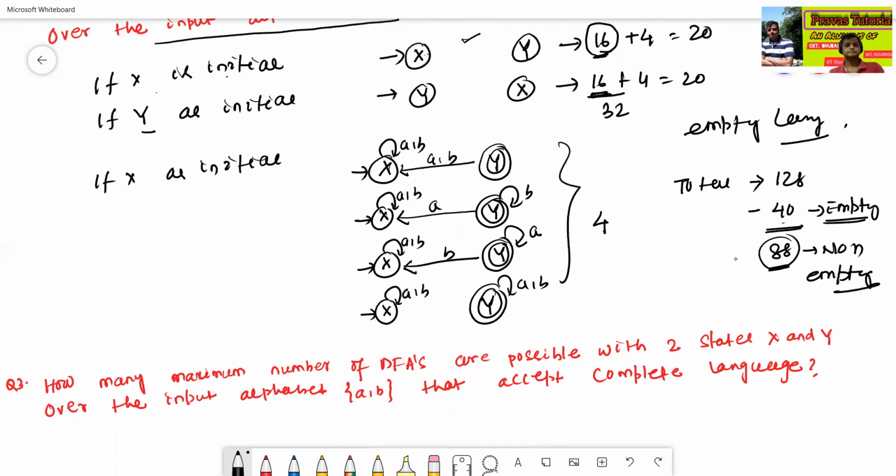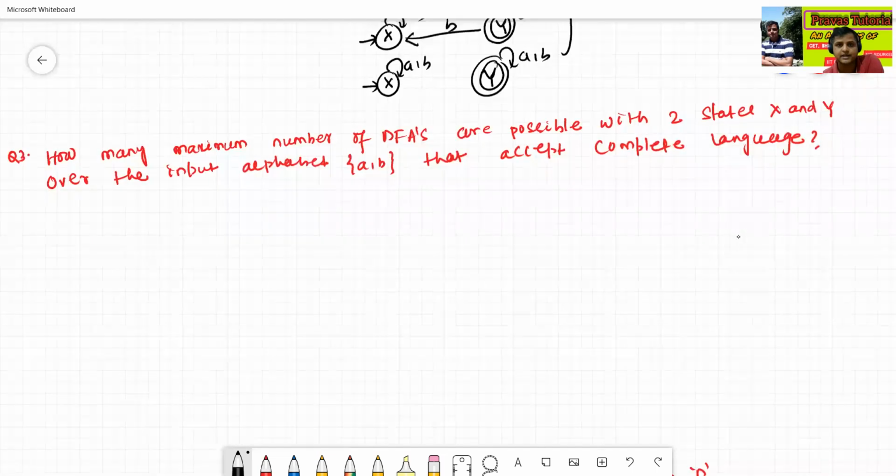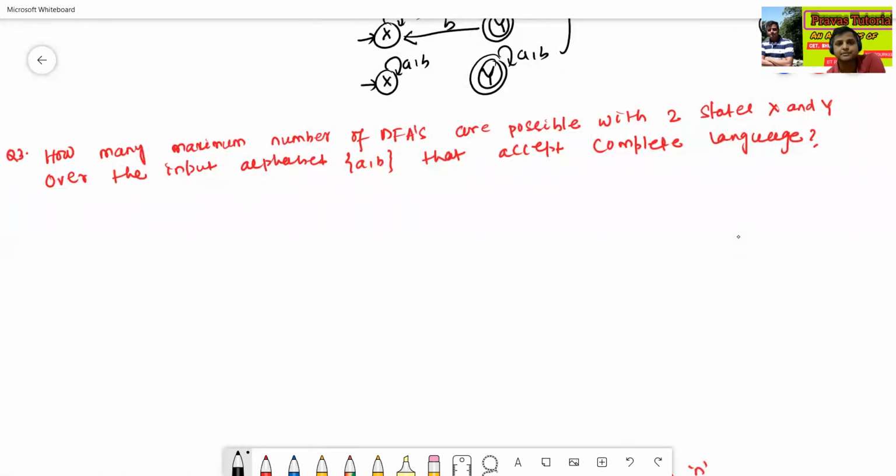Okay, that's all. Now we'll see the third question. What is the third question? How many maximum DFAs are possible with 2 states X and Y over the input alphabets A and B that accept the complete language? What is the meaning of complete language? If all states are final in a DFA, that DFA accepts the complete language.